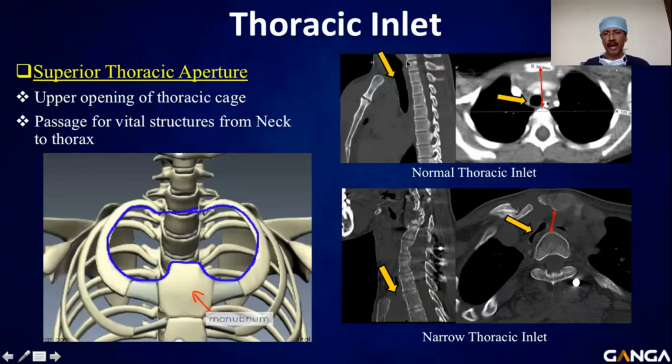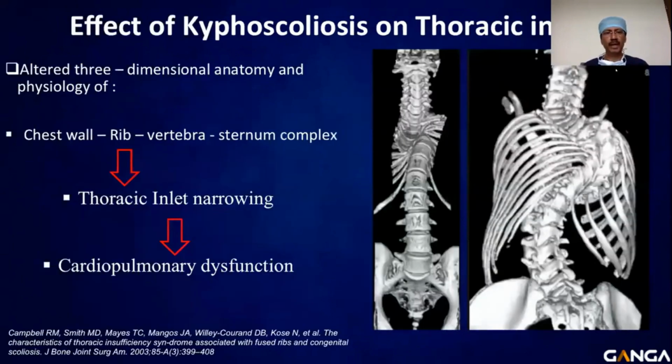It need not be an actual deformity of the cervicothoracic region. The deformity can be higher up in the cervical spine, or it can be lower down, but the spine can be involved in a huge compensatory lordotic curve, which severely compromises the distance between the sternum and the cervical spine, causing a distortion.